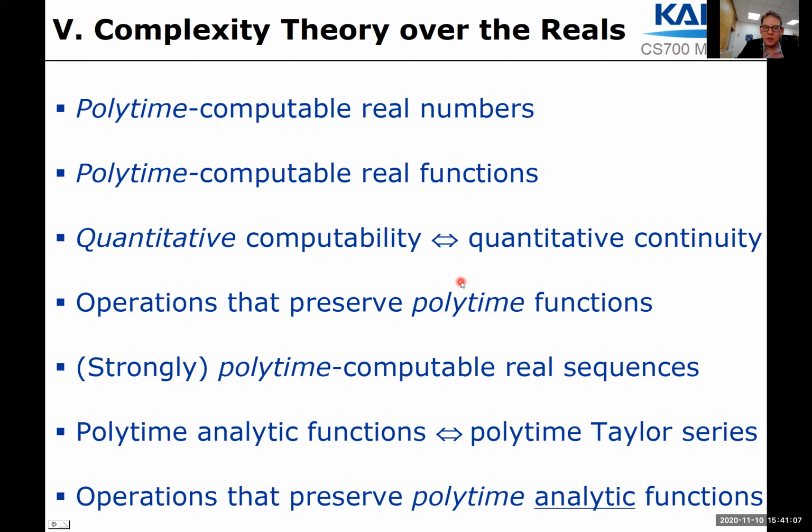Then we looked at operators that preserve polynomial time computable analytic functions, and we saw that definite Riemann integration preserves polynomial time computability for analytic functions, and parametric maximization preserves polynomial time computability for analytic functions.